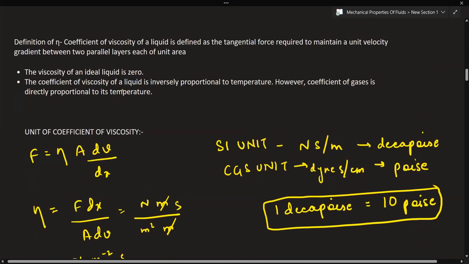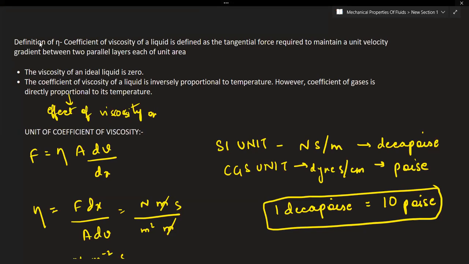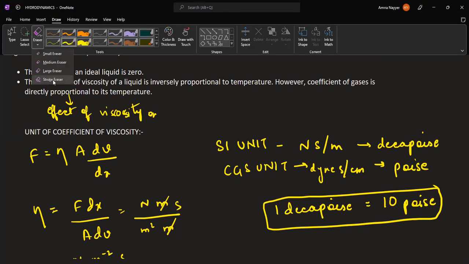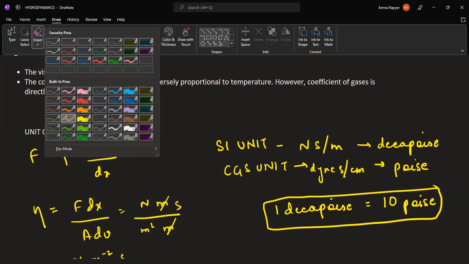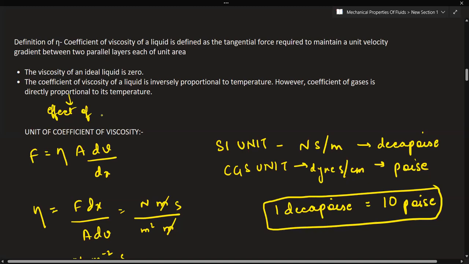Now see, the coefficient of viscosity of a liquid is inversely proportional to its temperature. So this point represents the effect of temperature on viscosity, how viscosity is affected by temperature.